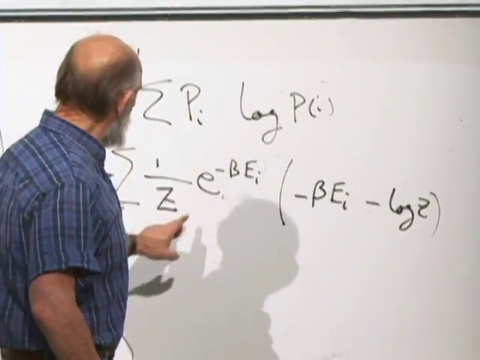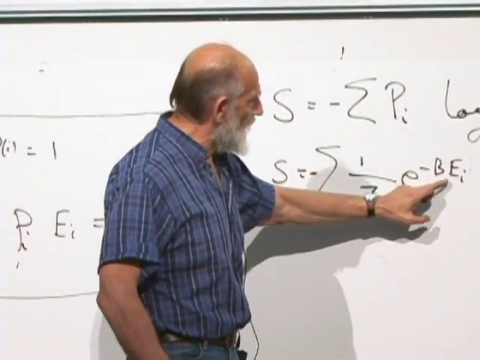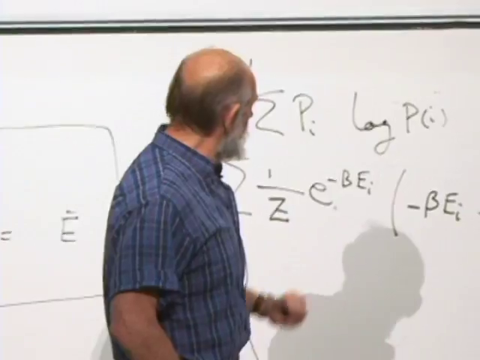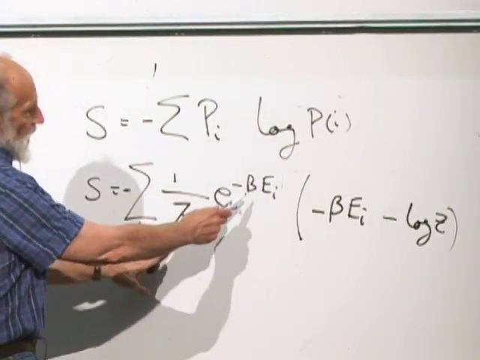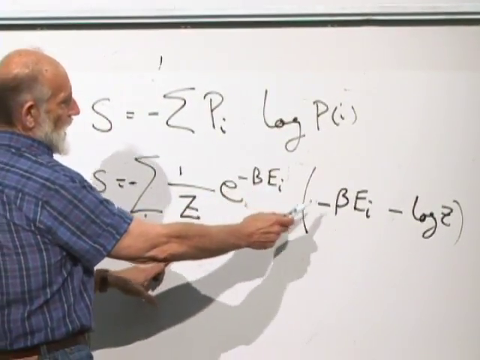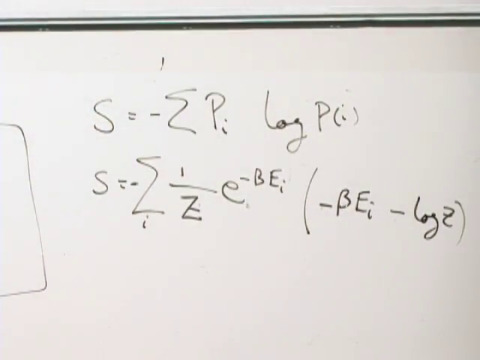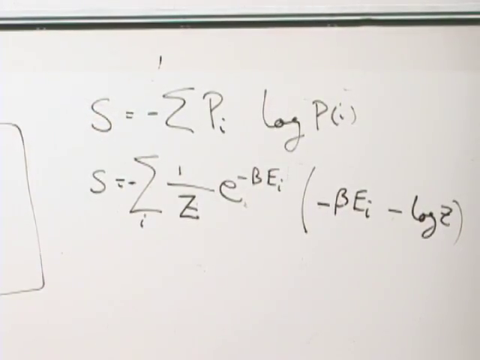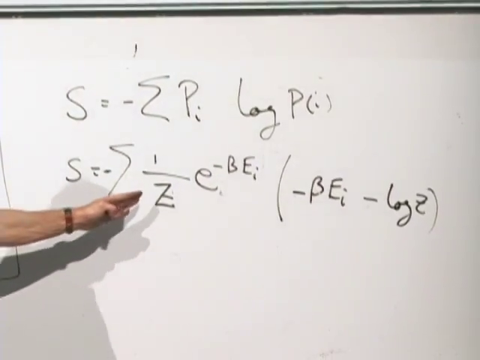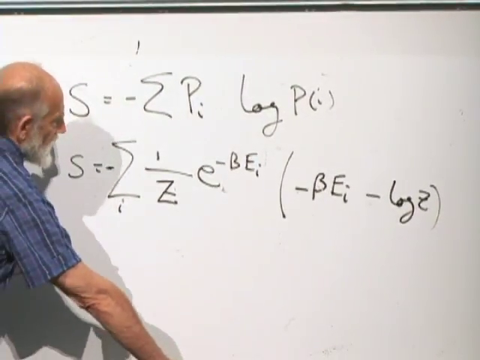I've written p sub i as 1 over Z e to the minus beta E sub i, and then the logarithm of p sub i as minus beta E sub i minus log Z. That's S. The minus sign goes away.